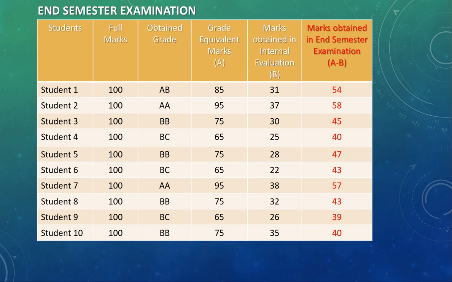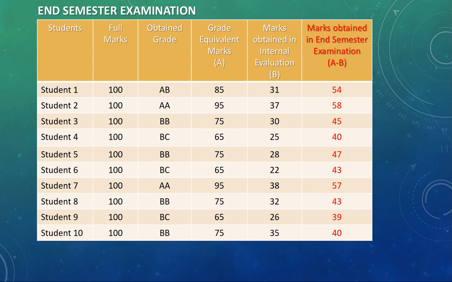That means the student who gets AB gets 85 in total in the entire 100 marks. And then we have the internal marks recorded, that is 31 for student number 1. Therefore, by deducting 31 from 85, we can get only the end semester examination marks.